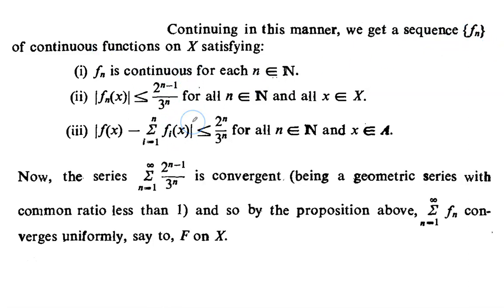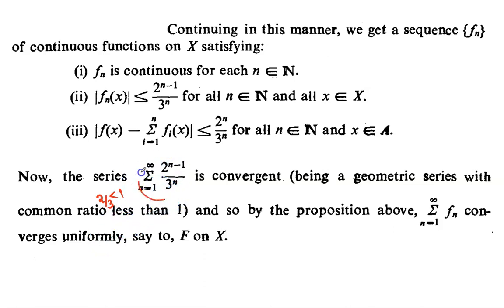Now, we can see that the series sigma n varying from 1 to infinity 2 raised to n minus 1 by 3 raised to n is convergent, since this is a geometric series with common ratio 2 by 3, which is less than 1.